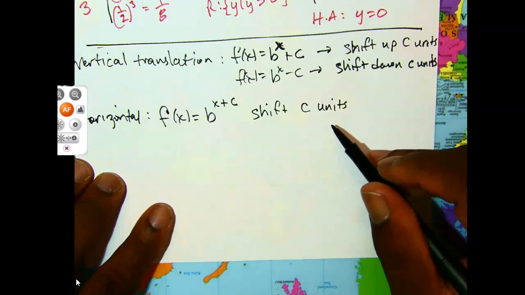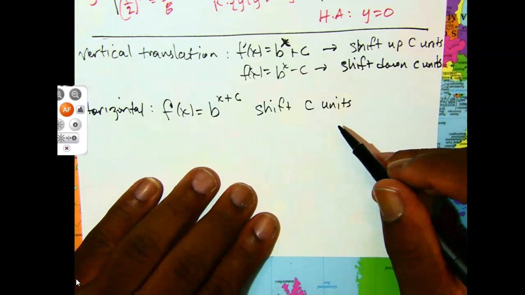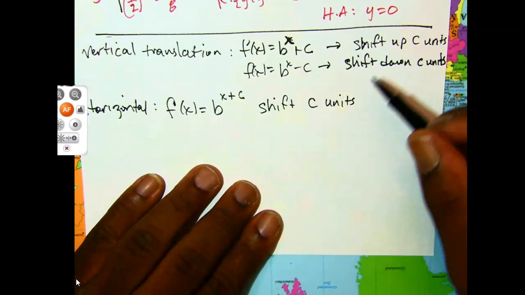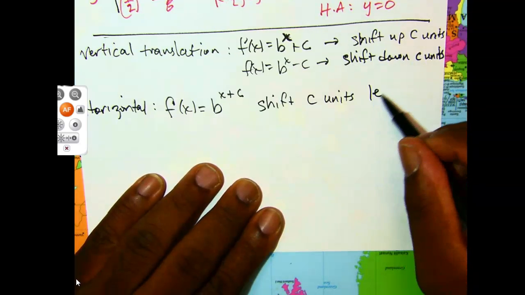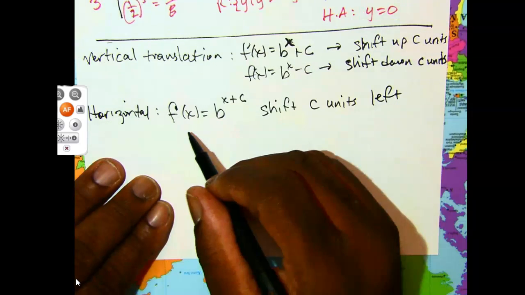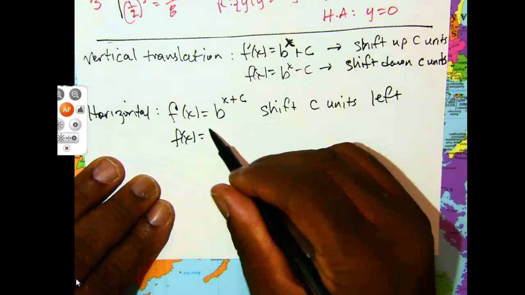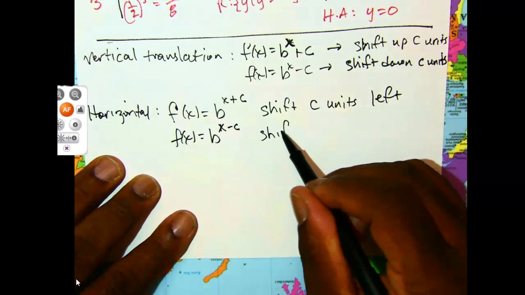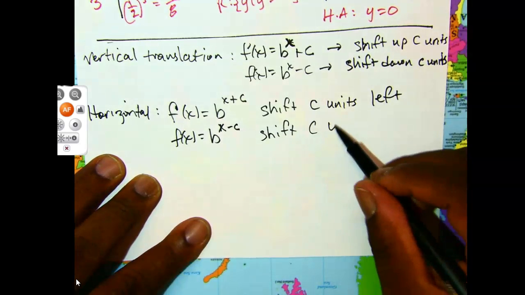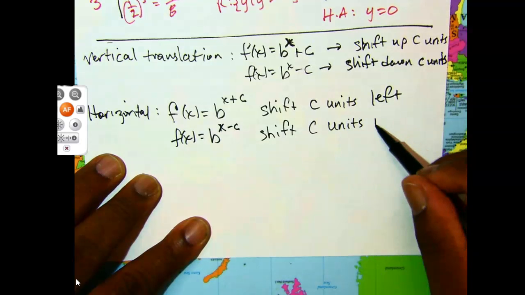To the left or to the right? So think of our horizontal translation. So this would shift c units left. And f of x is b to the x minus c would shift c units to the right.